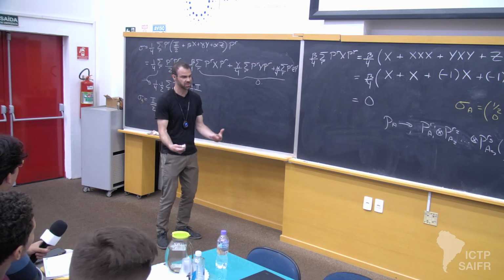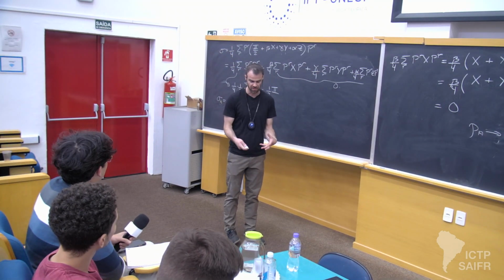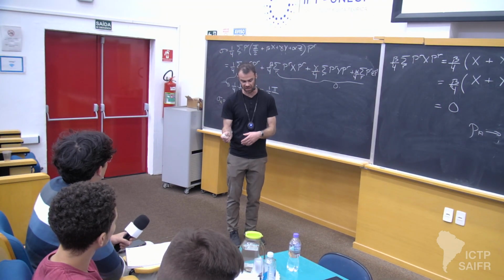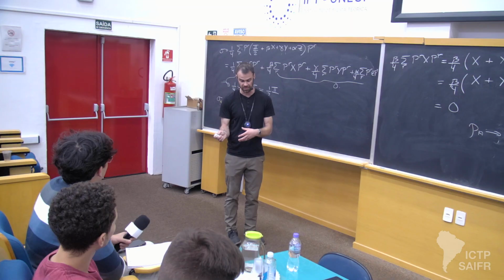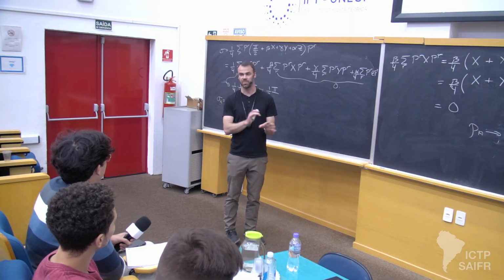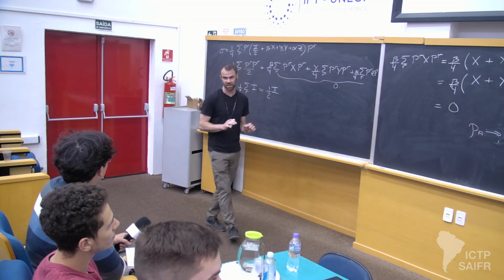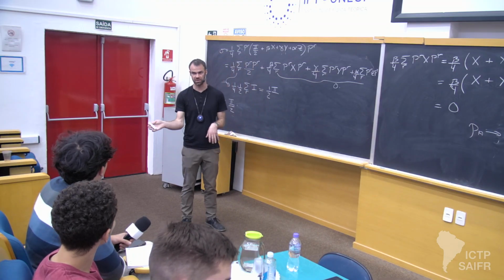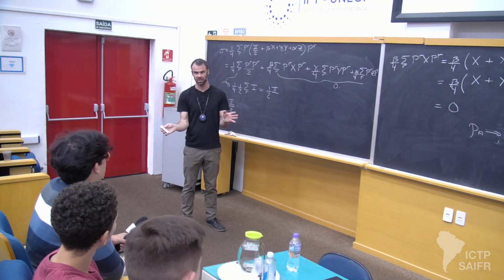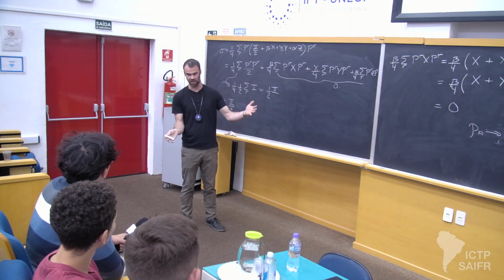You could study a different scenario where Eve intercepts the message, tries to measure it to find out what the message is, and then forwards it to Bob and hopes that Bob doesn't notice. That's a separate scenario that you could study. We're not studying that. We're studying a scenario where Eve either intercepts it or doesn't. And when she intercepts it, obviously Bob's going to find out that she intercepted it.